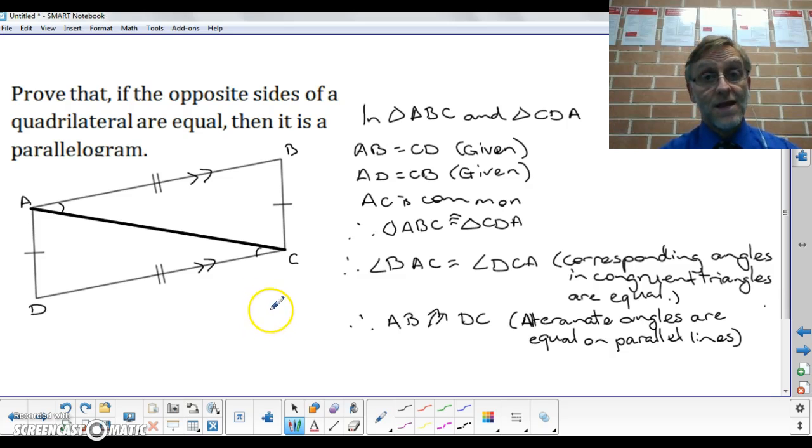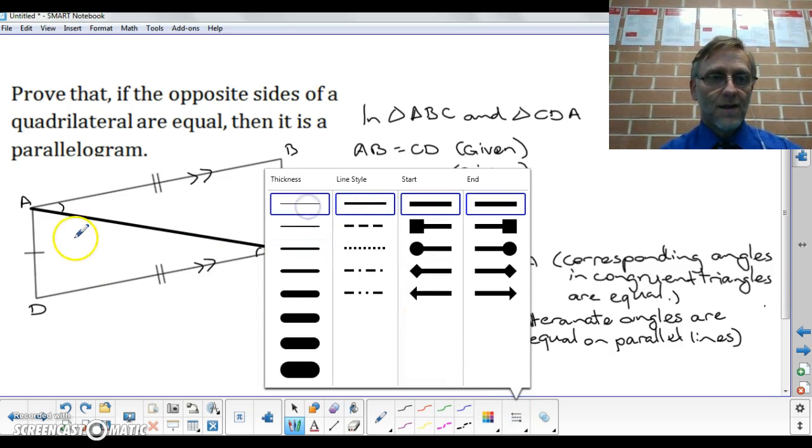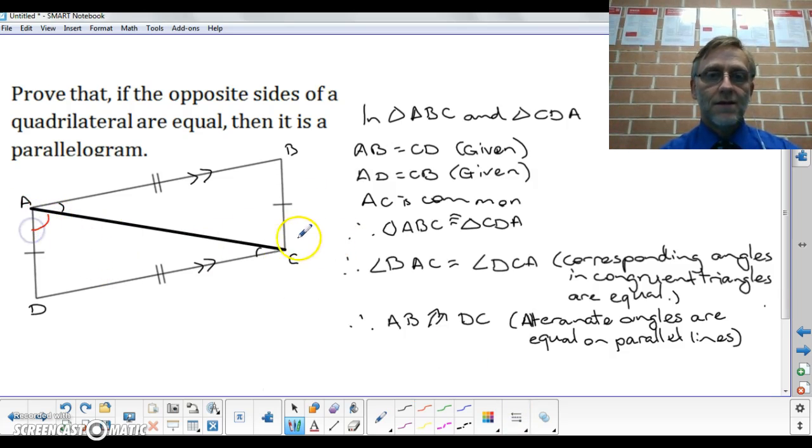Can you see a Z that involves BC and AD? There is a Z there. There's alternate angles. Let's do them in a different colour. So the alternate angles are here and here. And so using the triangles that I've already proven are congruent, I can just do these two lines again. So I can say, therefore, or maybe and would be a better word there.